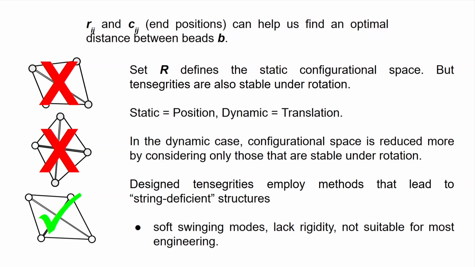We want to do this for static structures, but also for dynamic structures. This is where we have to evaluate the forms not only statically, but also under rotation and translation. So I can pick a structure that is stable if it's static, meaning it doesn't change its configuration at all, or its orientation.